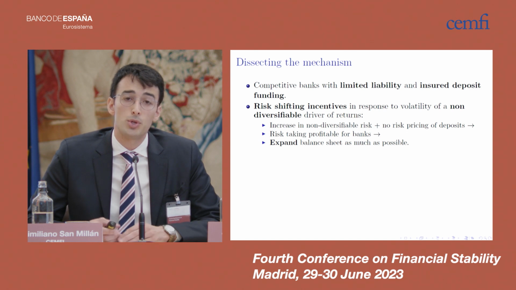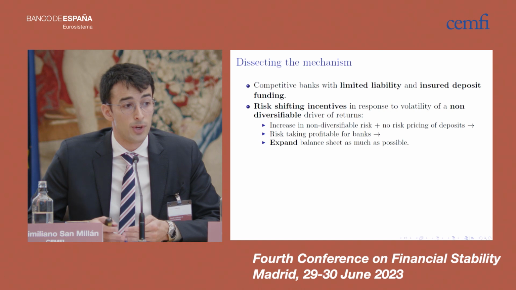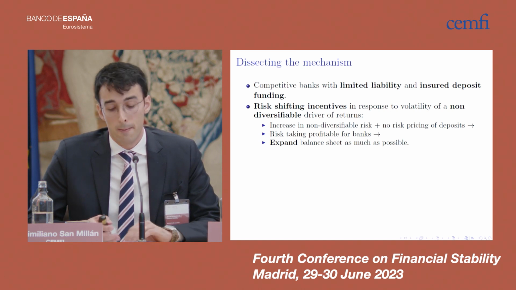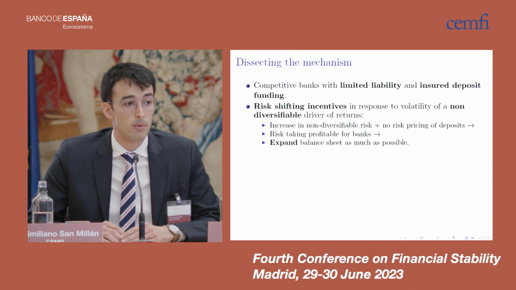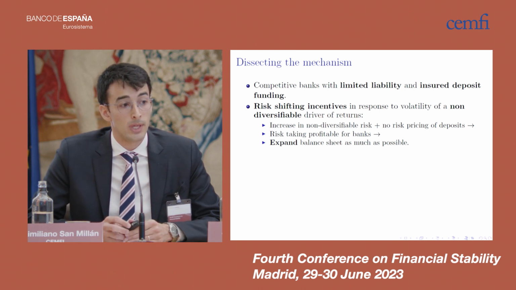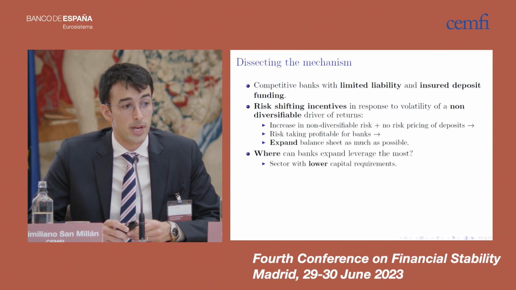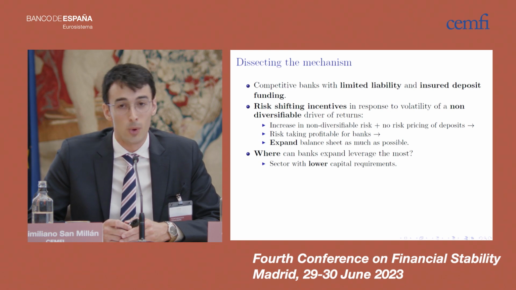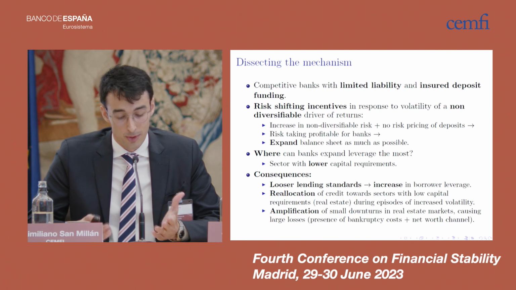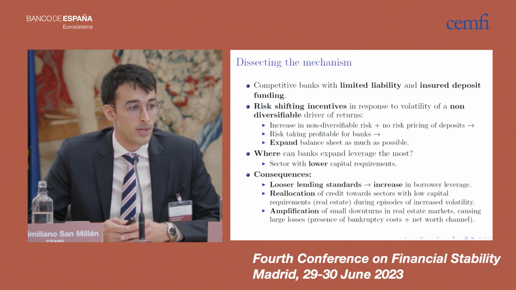In the model, I will assume that there is a non-diversifiable driver of returns, which means that in response to an increase in this type of non-diversifiable risk, banks will be willing to expand their balance sheet as much as possible, and the sector where they can do this more easily will be the sector with the lower capital charges, which is, of course, in this case, real estate mortgage lending.